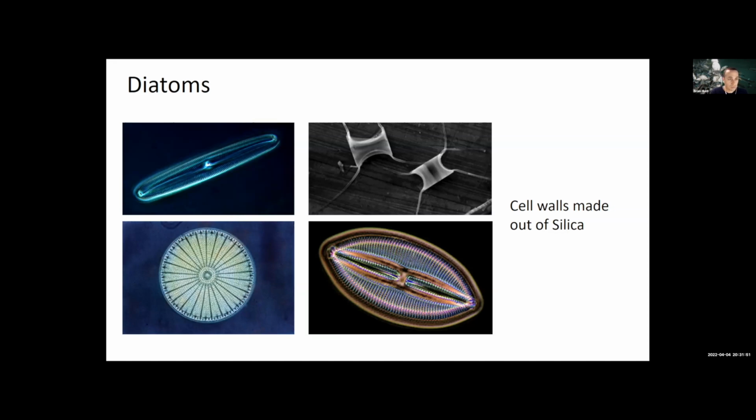They make these beautiful silica cases, and those are there to protect them from predators. That's part of the function: they're hard and difficult to eat, and a lot of them will have spiny processes to prevent predators getting at them.